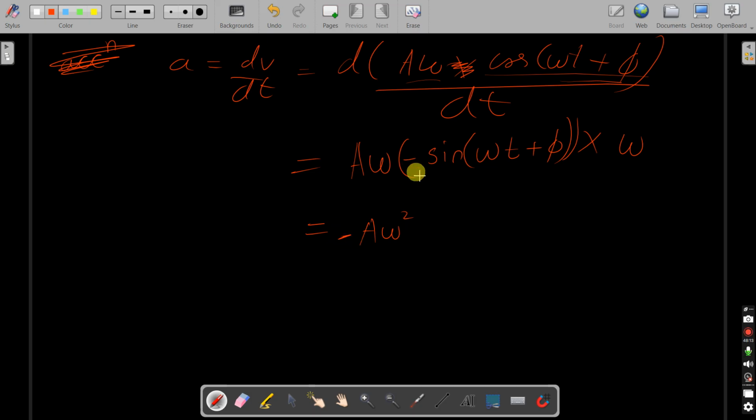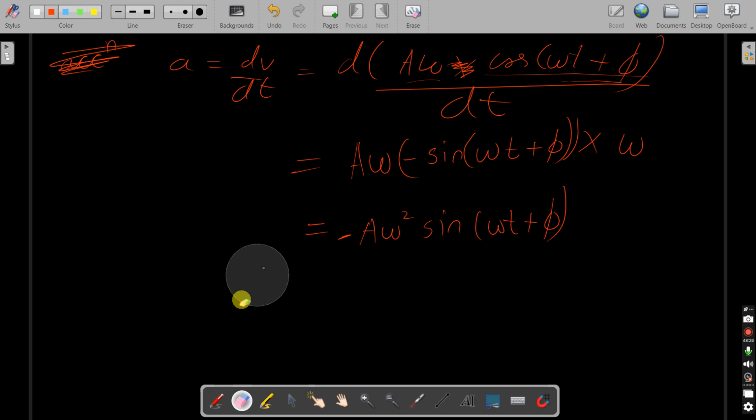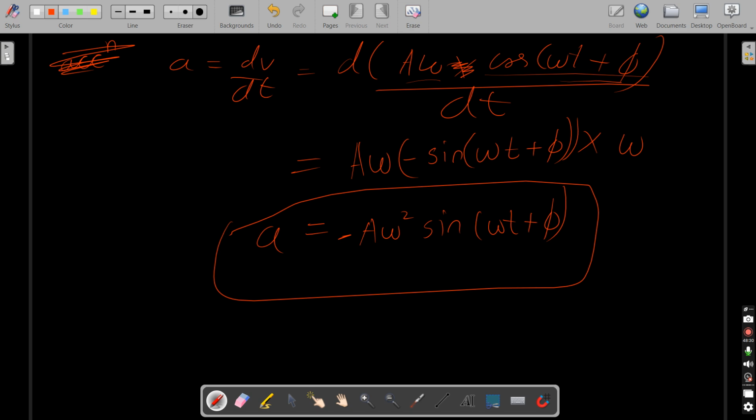The minus comes out. So dv upon dt, or simply acceleration, is minus a omega square sine omega t plus phi.